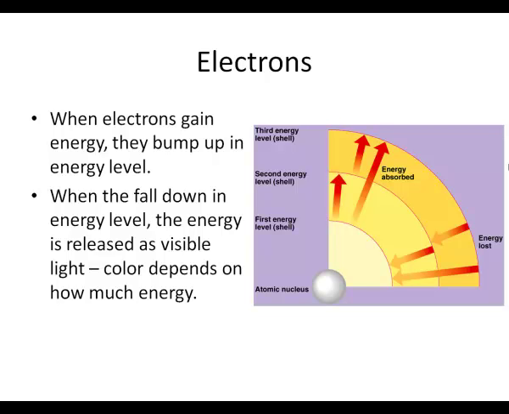So in class, we did a flame test. And in the flame test, we took little sticks that had been soaked in solutions of various metal ions. And depending on the identity of the metal ion, it was a different color.